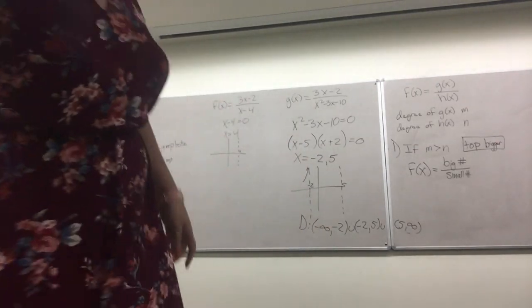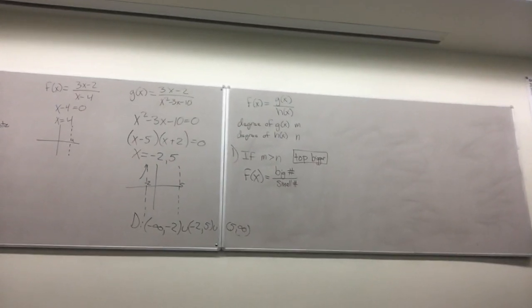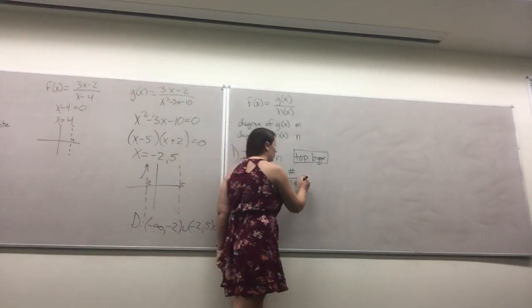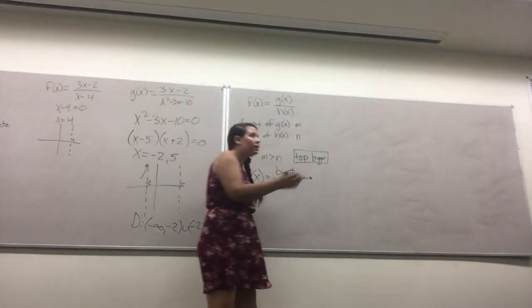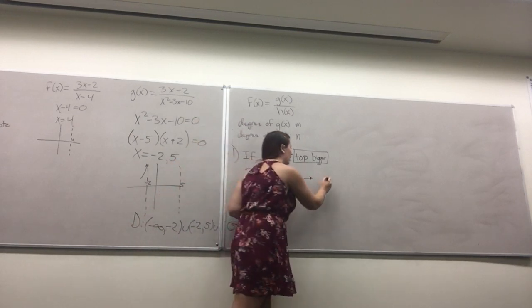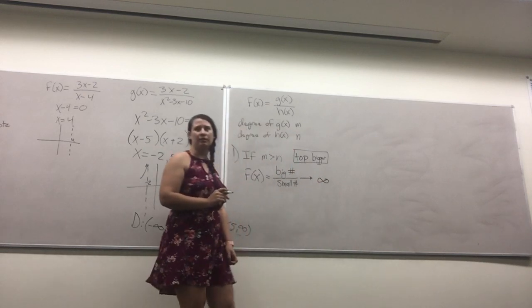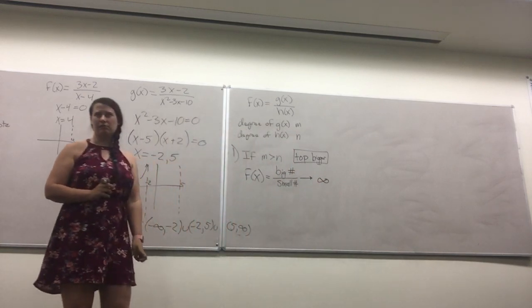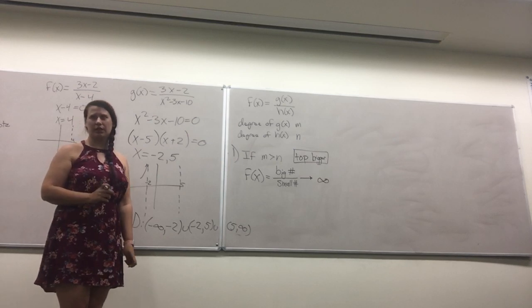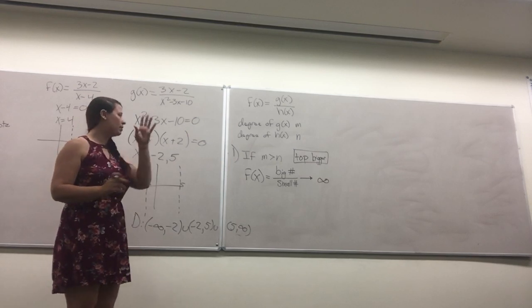So if we have something really big over something really small, well, that's going to give us a really big number. Or if we keep going towards infinity, it will give us infinity. Does that make sense? What I'm saying here? Yeah? Kind of? No? Think about it this way.